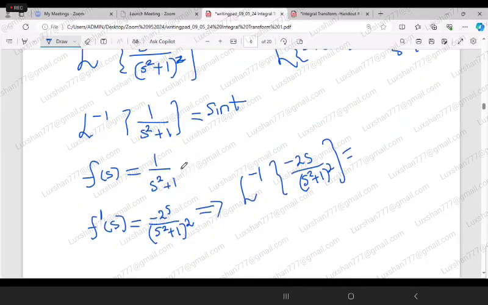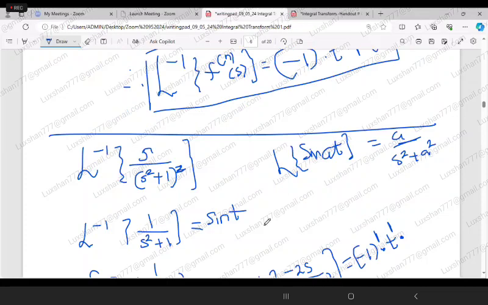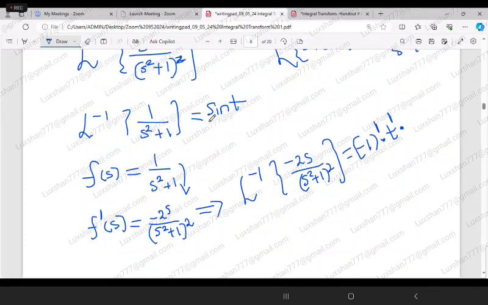Minus 1 to the power n, actually it's the first derivative, so minus 1 to the power n into t to the power n, so t to the power 1, because n is equal to 1, into f(t). This is our f(t), that is equal to sine t.